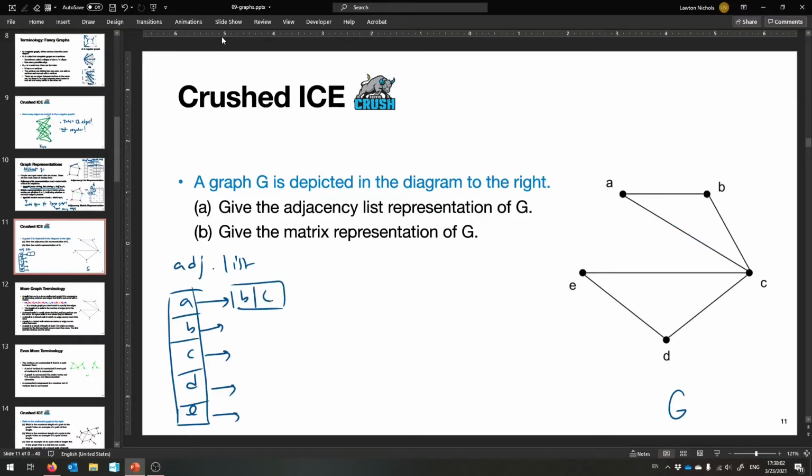Really this is a linked list. I know I'm drawing it like an array, but it's just easier to look at. From B, because this is an undirected graph, we can go to A and we can get to C. So we have A and C here. There is a little bit of duplication with an adjacency list for an undirected graph, but that's okay.